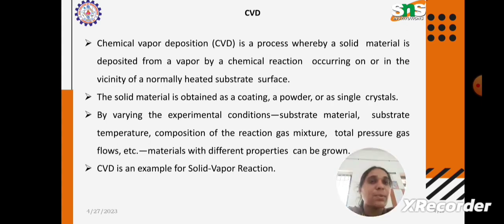By varying the experimental conditions, such as the substrate material, the substrate temperature, the composition of the gas mixture, that is the reactant taken, and the total pressure, all may be varied. CVD is an example of a solid vapor reaction.